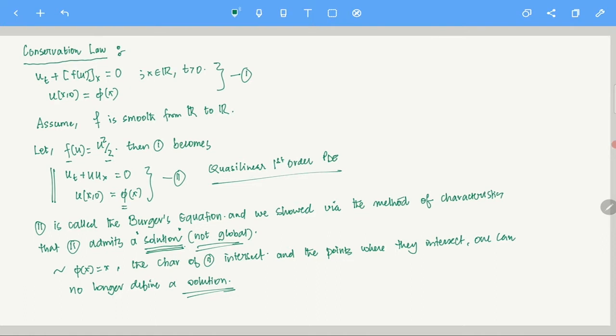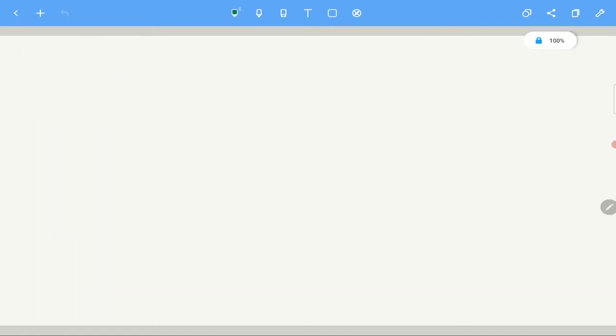So in this case, the earlier case which we talked about till now in this course, by a, let me write it down, I will call it a classical solution of 1. You guys already know what it means.